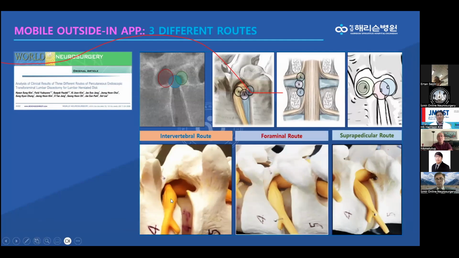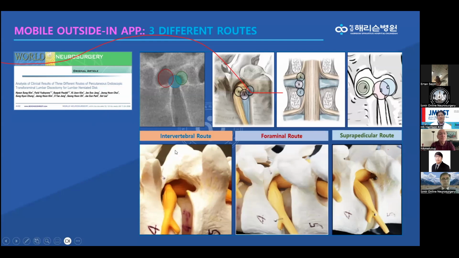And also, to understand the mobile outside-in technique, we should know another anatomical structure: three different routes of the transforaminal area. This paper was also published in World Neurosurgery in 2017.